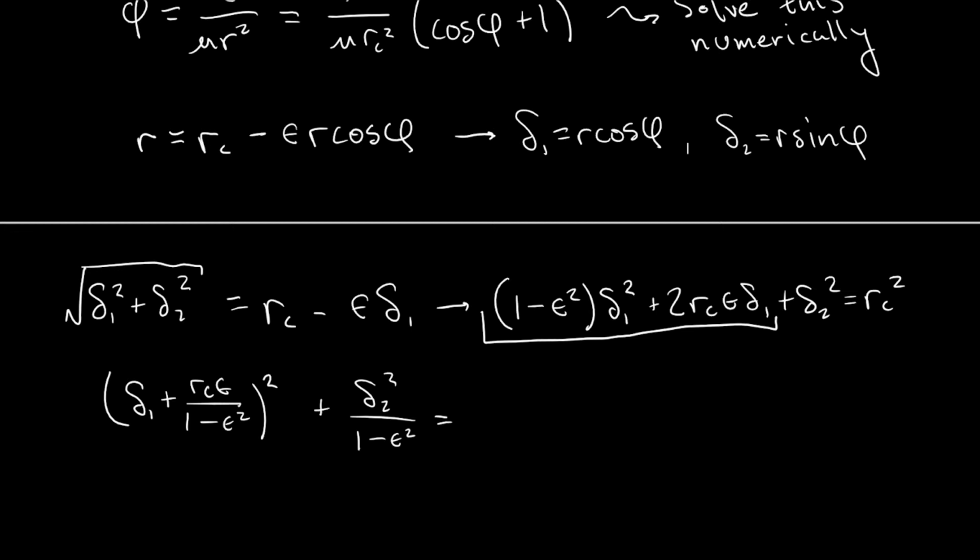And this is equal to rc squared over, I believe this is just 1 minus epsilon squared, if I'm not entirely mistaken. Maybe I am. No, this looks good. I buy this.